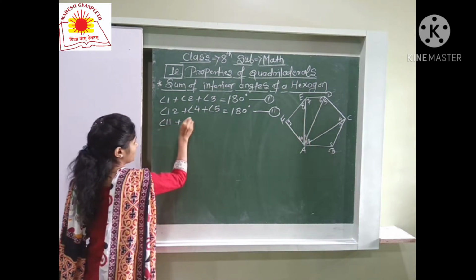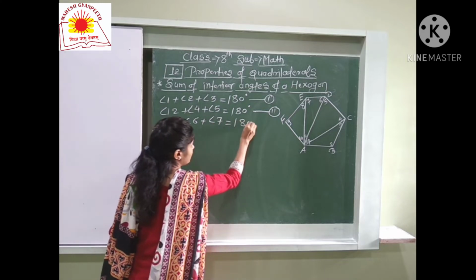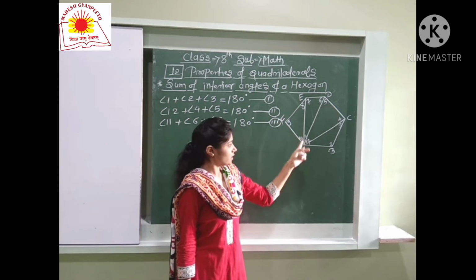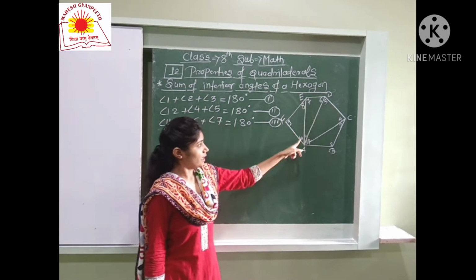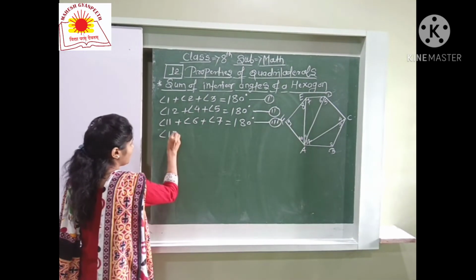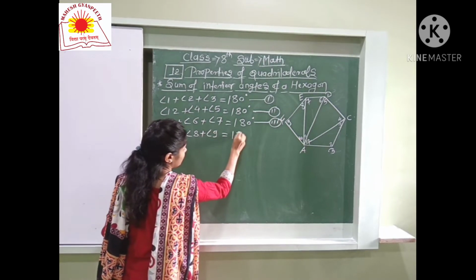Angle 11 plus angle 6 plus angle 7 is also 180 degrees. Equation 3. Last one is A, E, F: angle 10, angle 8, angle 9. So angle 10 plus angle 8 plus angle 9 is equal to 180 degrees.